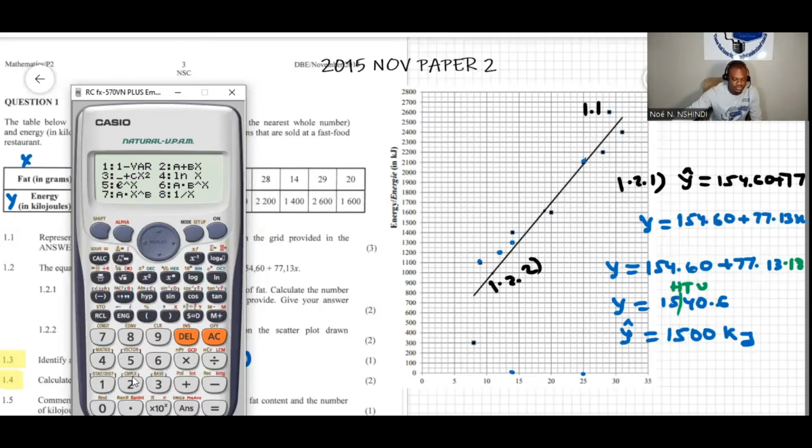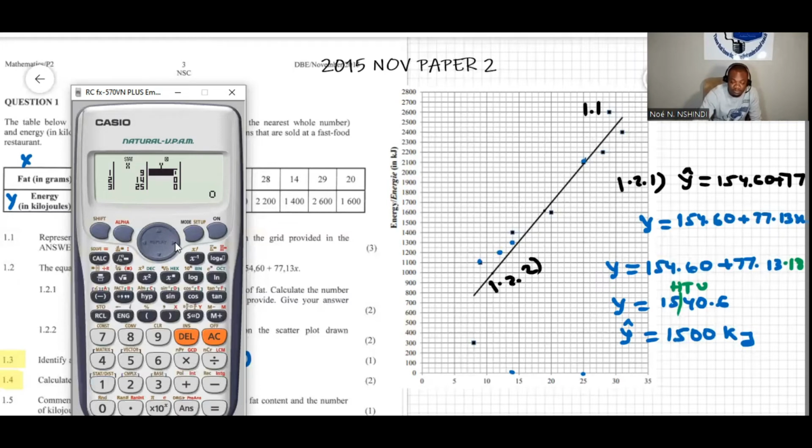I press 2 there, and then I need to enter the values carefully. It's 9 for the first, 14 for the second, 25, and then 8, 12, 31, 28, 14, 29, and 20. Enter. Now we use the arrow button and move to the y column.